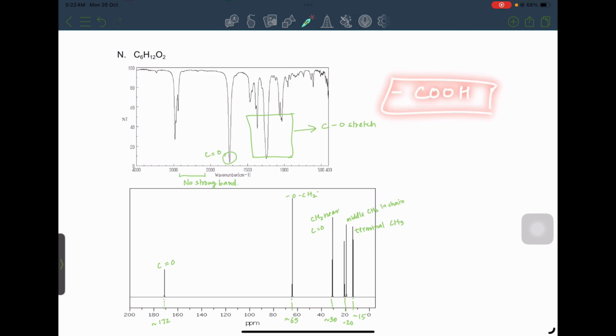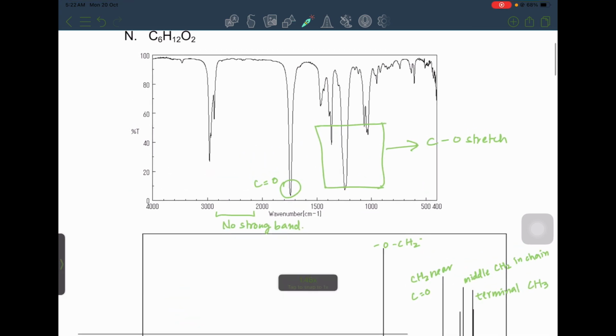To see if that is the case, we are going to be looking around 2500 to 3300. This place does not have any major sharp bands, so it does not have a carboxylic acid probably, or an alcohol either.